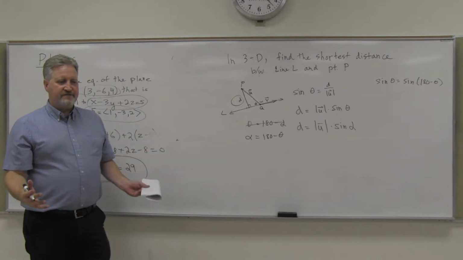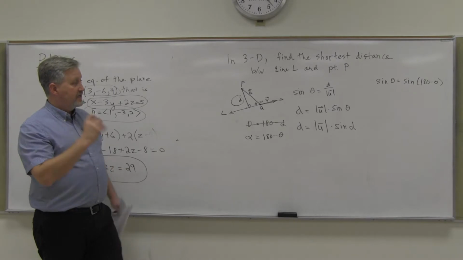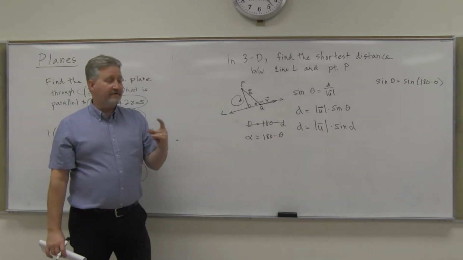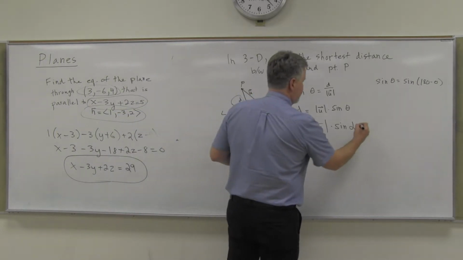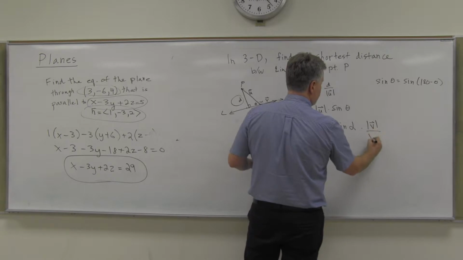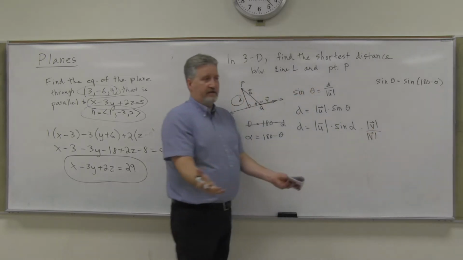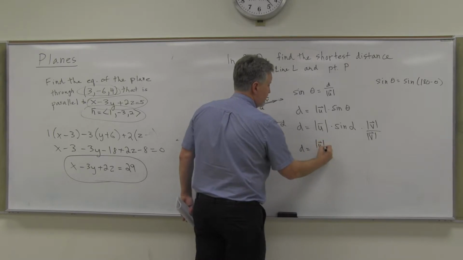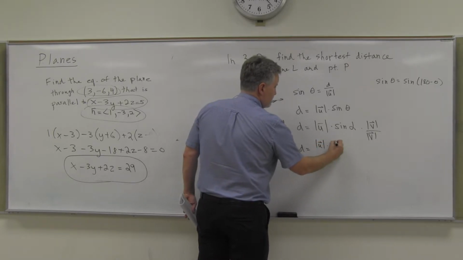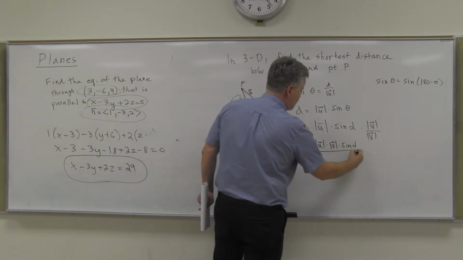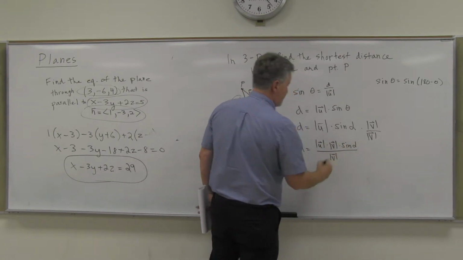Well, this is helpful because, again, that angle is not going to be easy to come up with. However, if I multiply top and bottom here by the magnitude of v, which is just multiplying by 1, what I wind up with is magnitude of u times magnitude of v times sine of alpha, the angle between them, divided by magnitude of v.